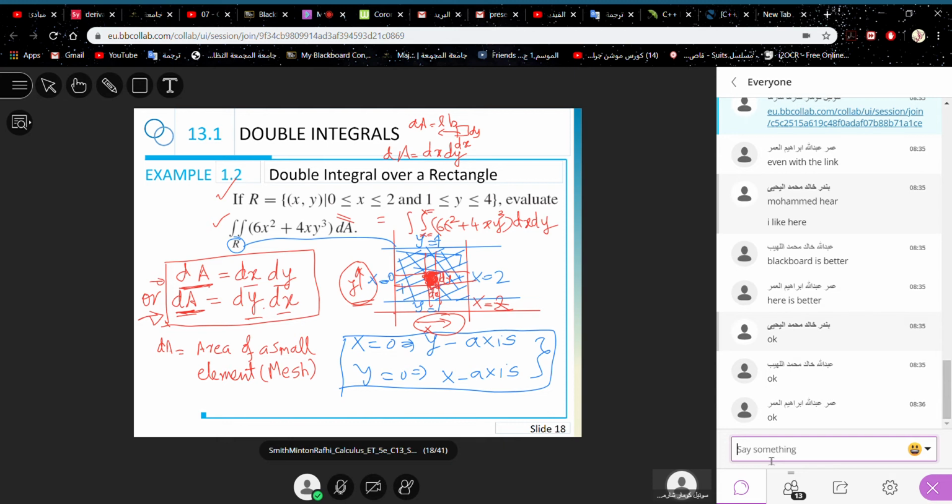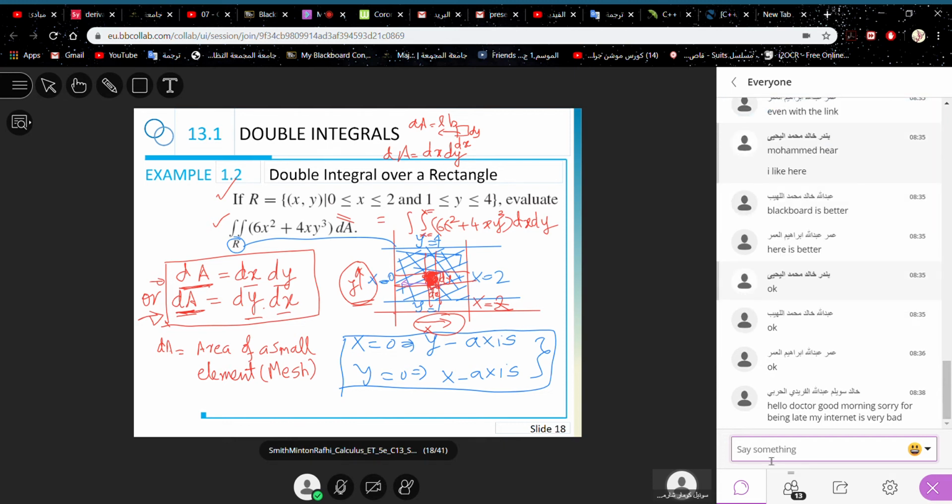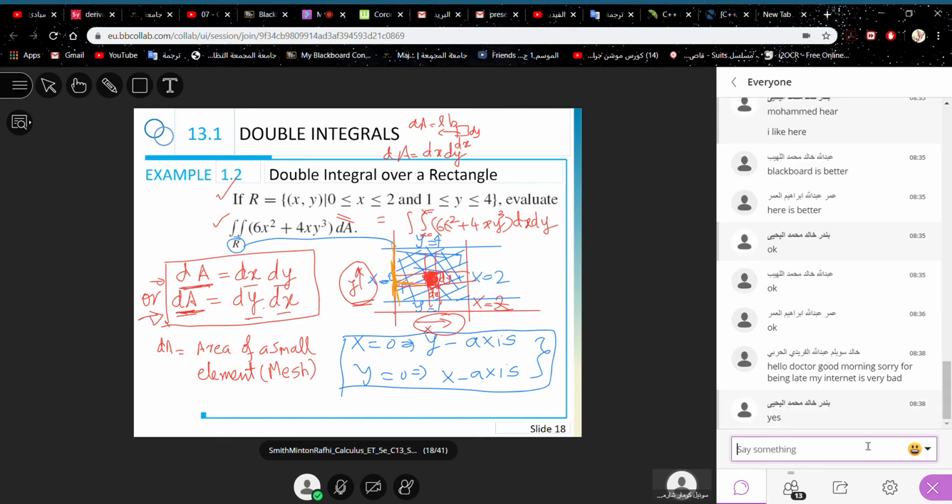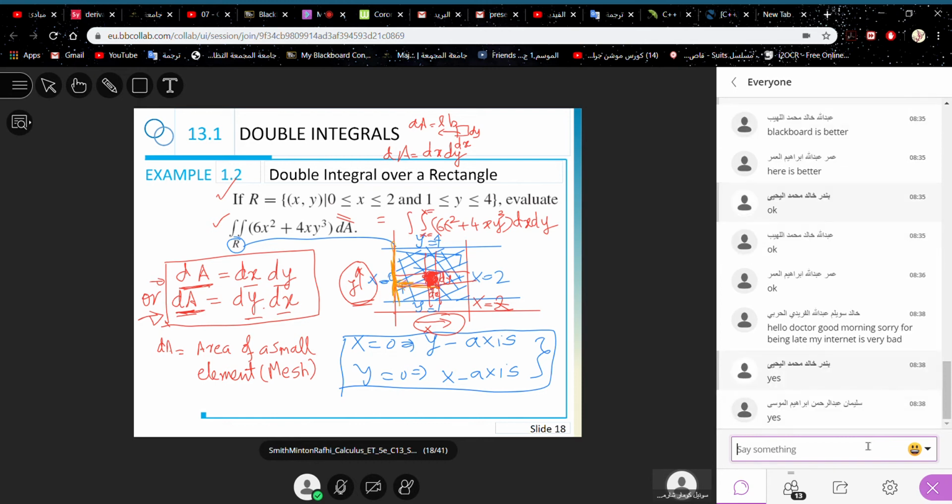We would like to integrate it. So what you need to do, this element, how much can you take to this side? Up to this boundary, up to the y-axis, right? You can take this element up to here.